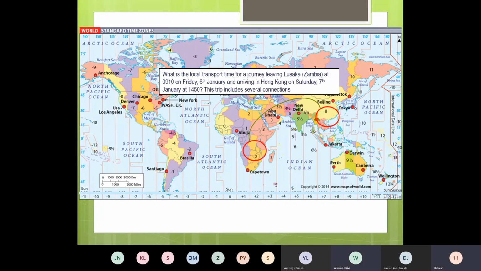Use the Osaka time minus the GMT 2 hours. Okay. And then the Hong Kong time minus GMT 8 hours. Okay. And then get the answer.